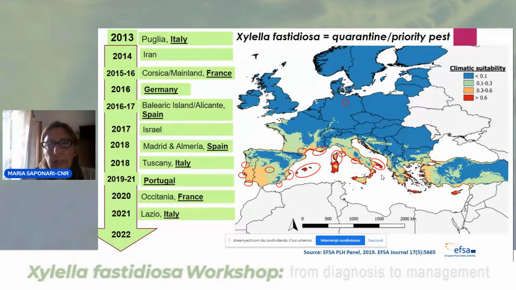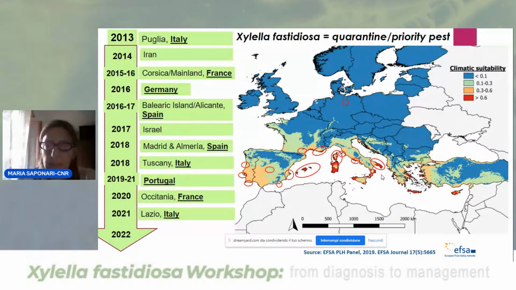This map also represents a risk map based on climatic suitability. In red are the areas where the climatic conditions are the most favorable for the establishment and persistence of the bacterium, so for epidemics, while in the northern part of Europe the conditions are less favorable.